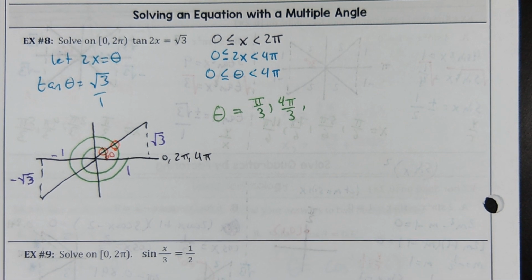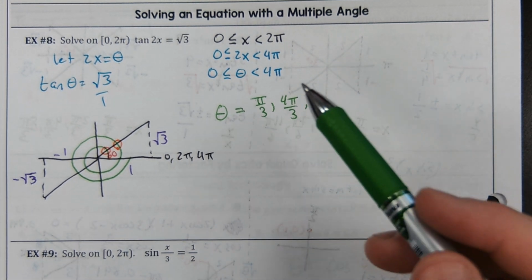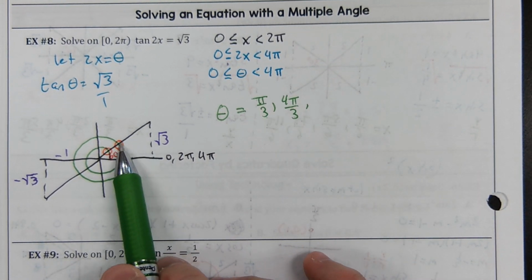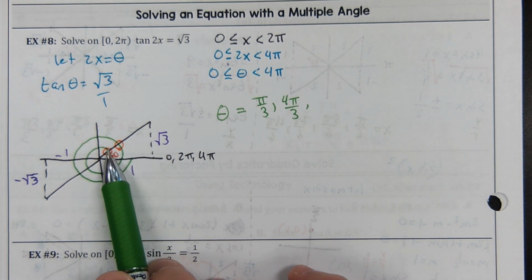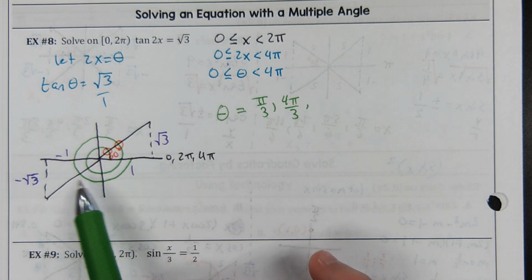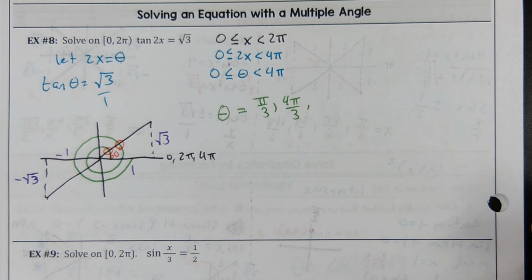We know it repeats itself every pi, right? So this one and this one are pi apart, and then it was another pi, and then another pi. So just take the last one and add a pi to it because it's tangent.